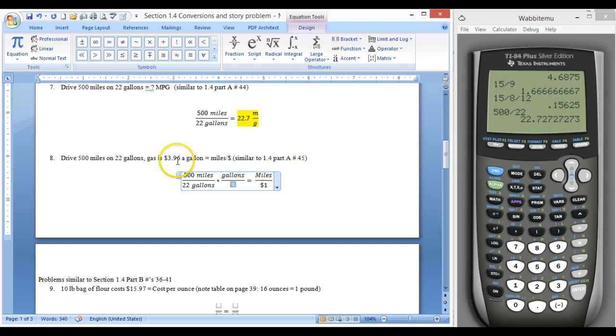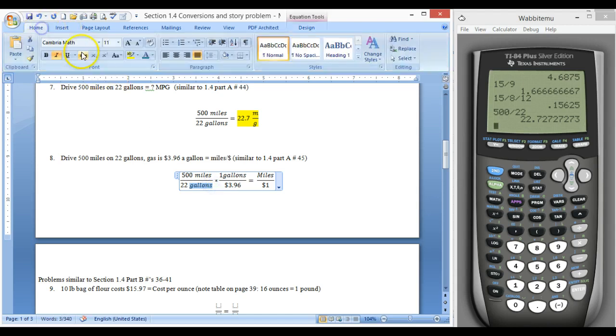And I've been told that I have a certain number of dollars per gallon. So to make this conversion, I'm going to put the dollars on the bottom, which is perfect. It matches just what they've asked me. They want dollars on the bottom. So this one is $3.96 for 1 gallon. Now I have a gallon on the bottom and a gallon on the top that cancel.